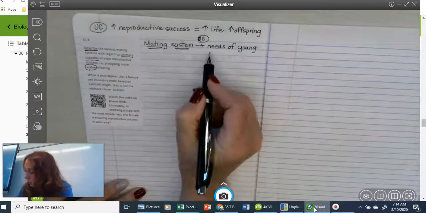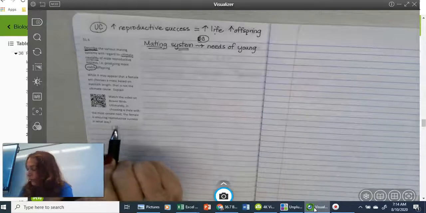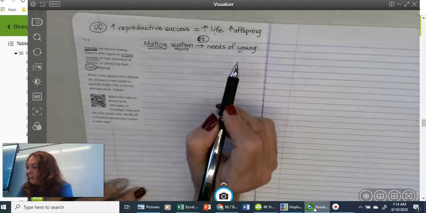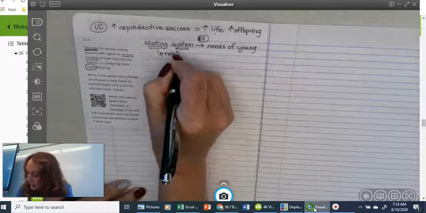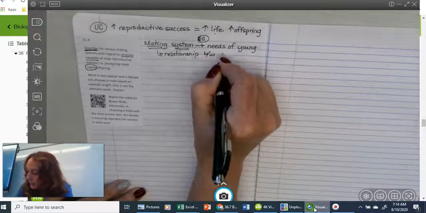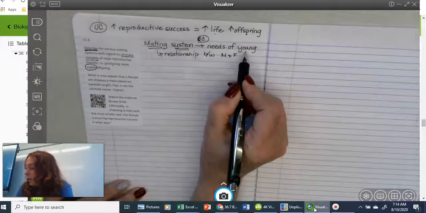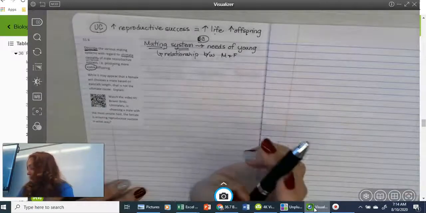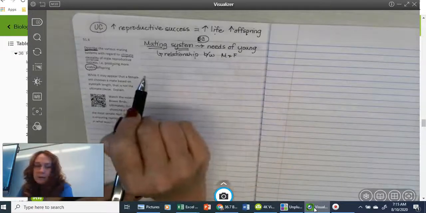Because your goal is to have offspring that live long and have more offspring. That would be success. So, in the scope of things, parenting in this particular case, this relationship between the male and the female, is going to differ depending on these young. So young that are born pretty self-sufficient, you don't have to have parenting that includes both parents staying around and raising young.